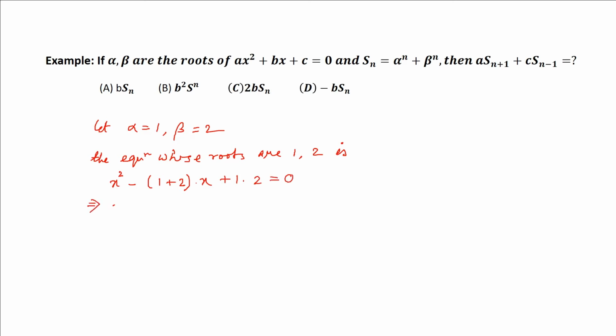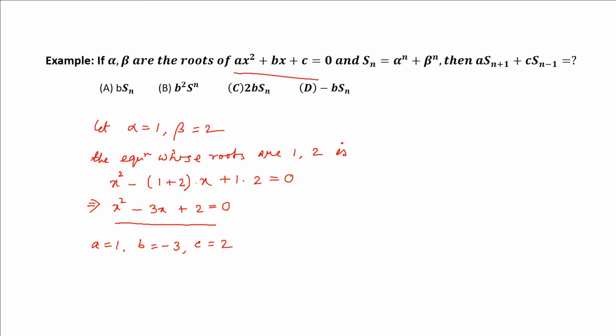Implies that x square minus 3x plus 2 equal to 0. So now we compare this equation with the given equation ax square plus bx plus c equal to 0. So we get a equal to 1, b equal to minus 3 and c equal to 2.